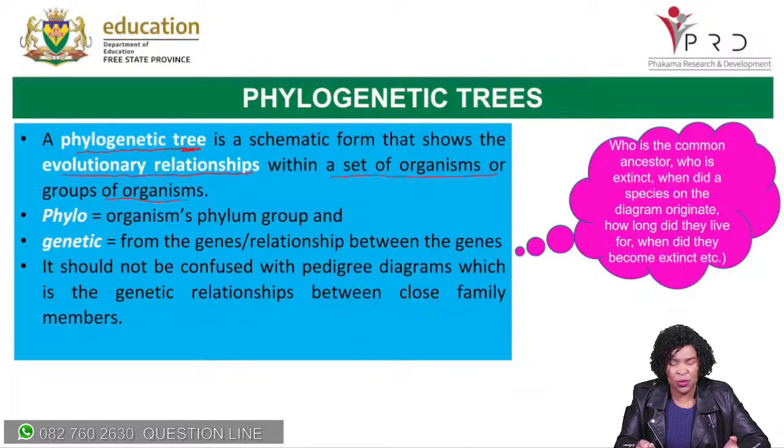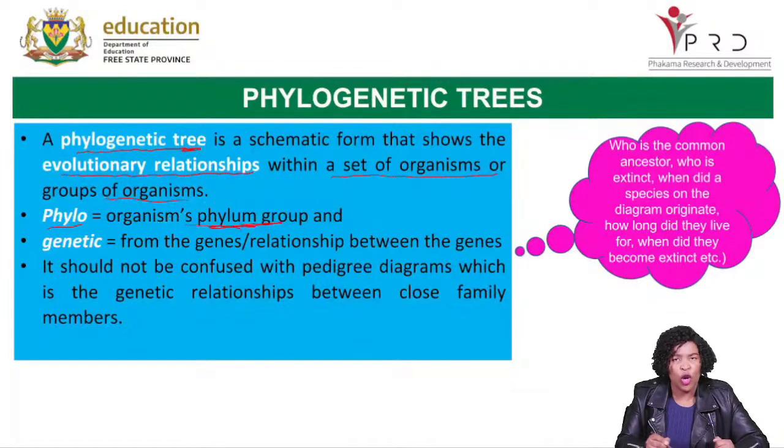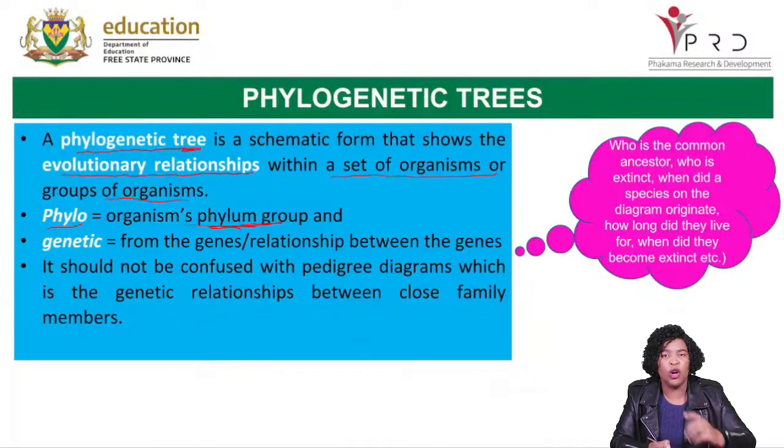Then we can break this word down: phylo means the organism's phylum group. Do you remember when you were doing classification in grade 10? You start with your kingdom, your phylum, your class, your order, your family, all of that, remember. Even in grade 11, you spoke about the phyla a lot when you were doing plants.